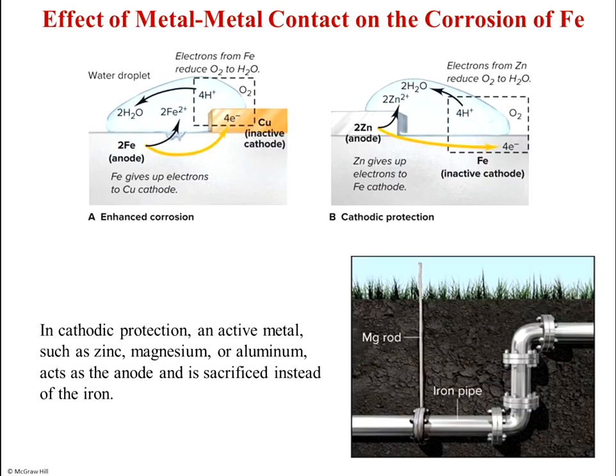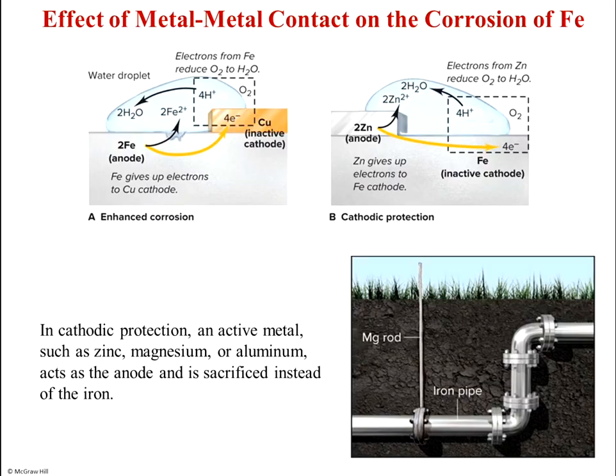The zinc will preferentially oxidize because zinc has a larger negative standard reduction potential than does iron. Its more negative standard reduction potential means that it is more readily oxidized. So as long as zinc metal is present in contact, the zinc will continue to get oxidized and the iron will remain structurally stable and not get pitted.